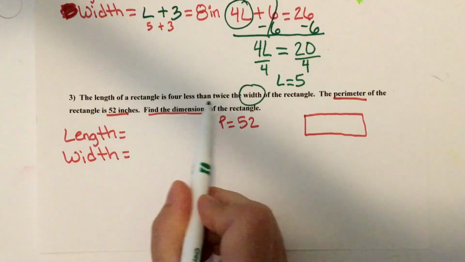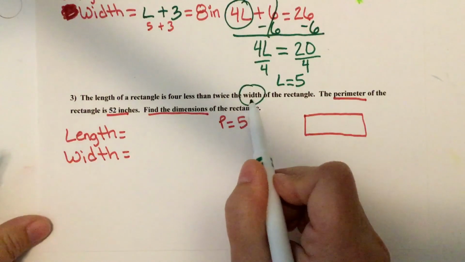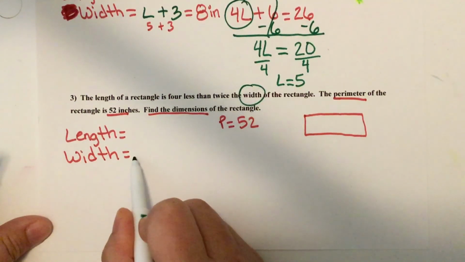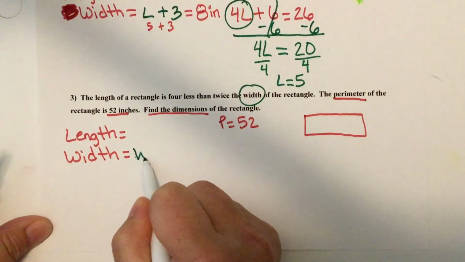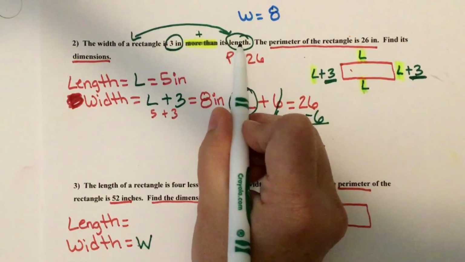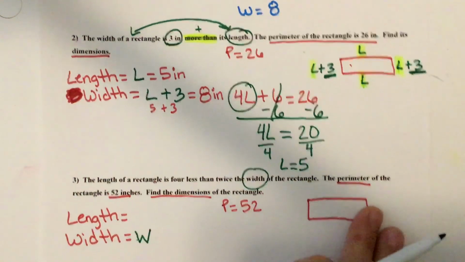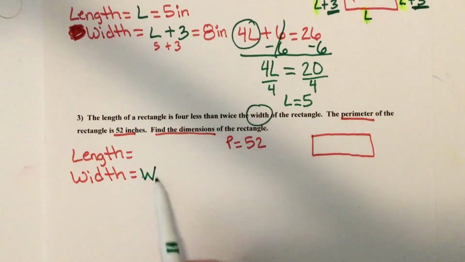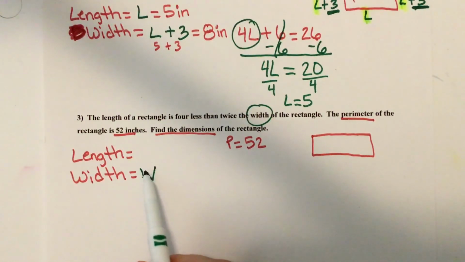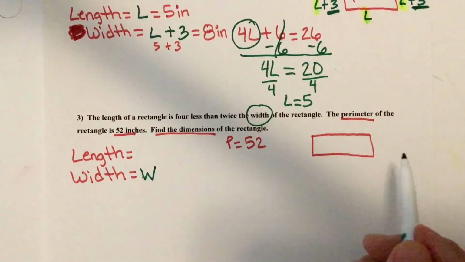They give a whole description about the length, but they just barely mention width. So whoever is not described is going to be the single letter. So width will be W. So in this problem up here, length was the thing not described, so length was the single letter. In this problem, width is not described, so width is the single letter. Okay, and it wasn't the last word of the sentence, but it was the last important word because of the rectangle. It's just a phrase.